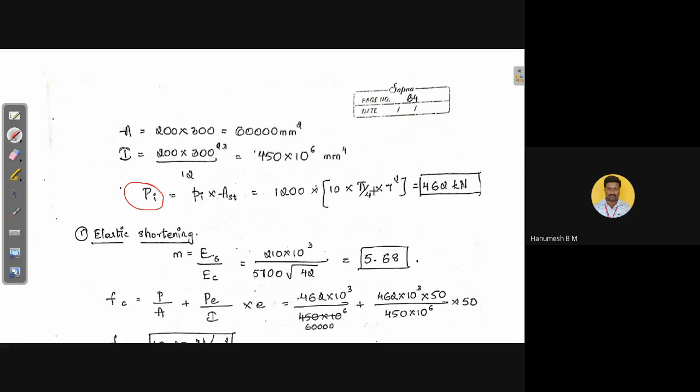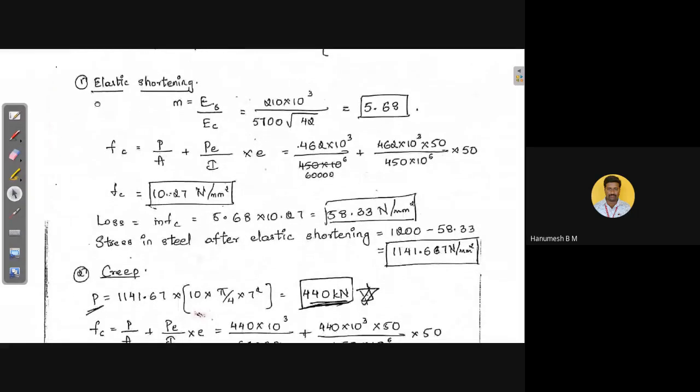Now, first, loss due to elastic shortening. How to calculate the loss due to elastic shortening? We have this formula. Loss is equal to modular ratio multiplied by the stress in concrete at the level of steel. How to calculate the modular ratio?